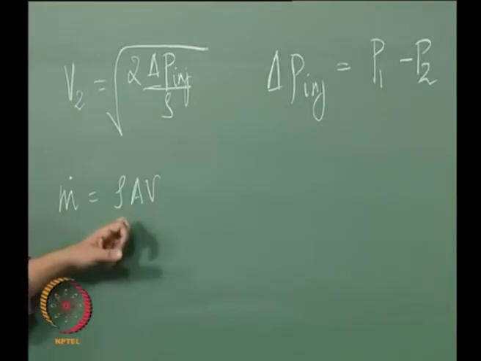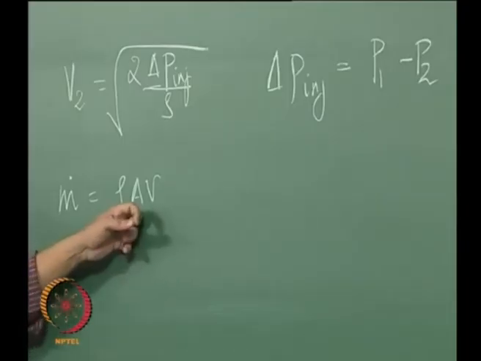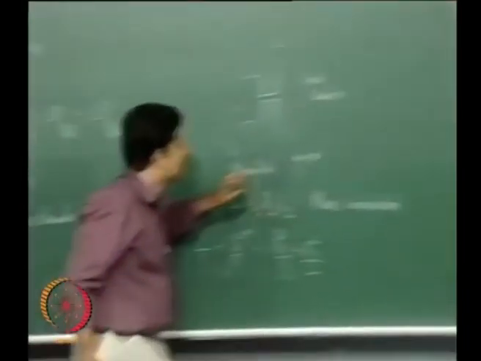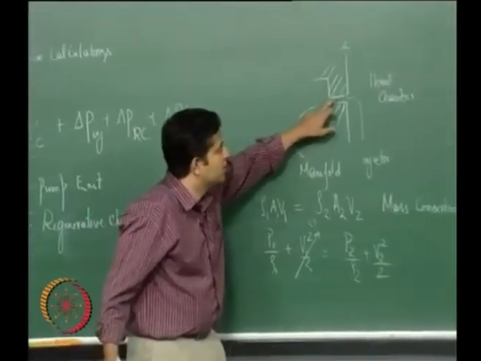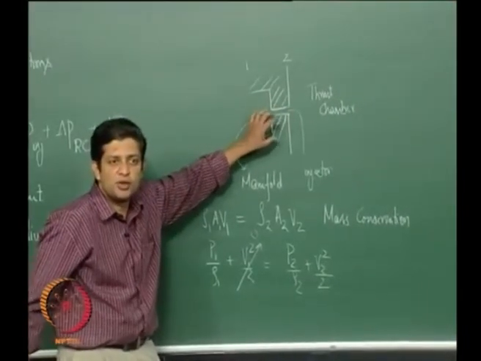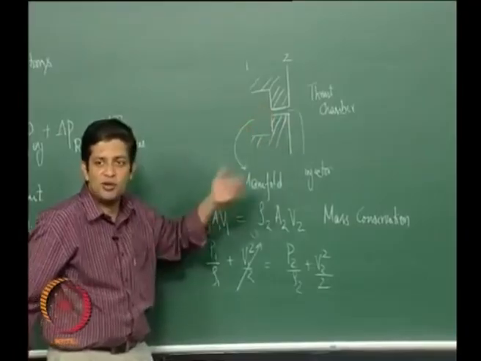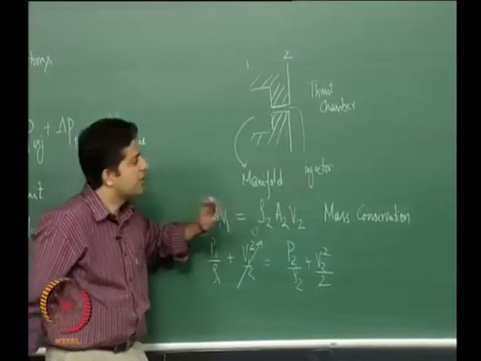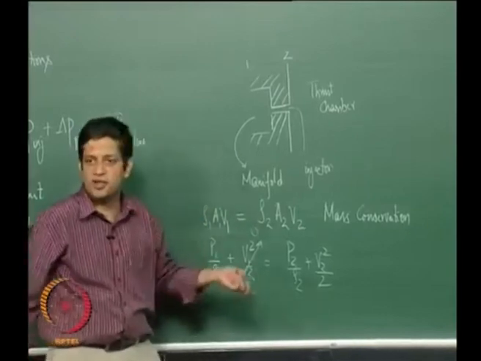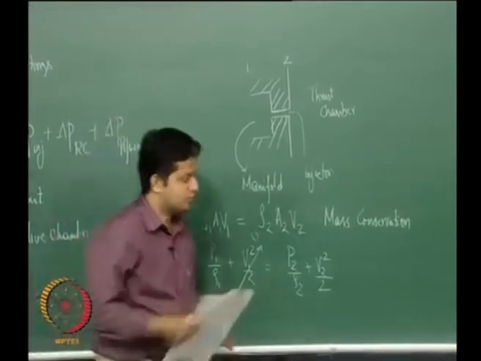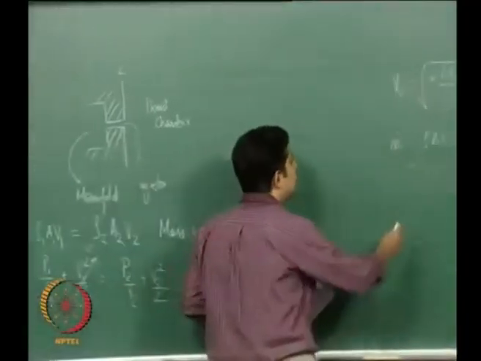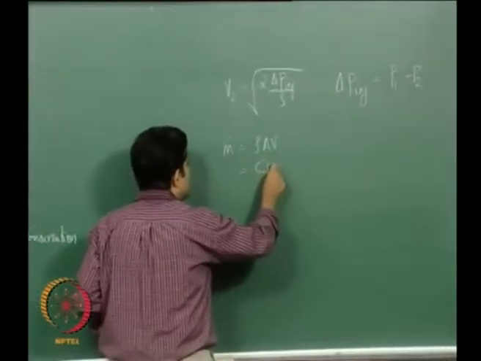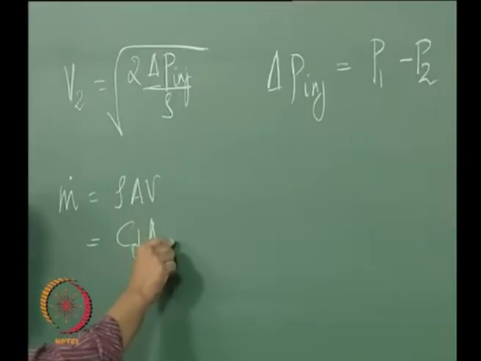This is if the actual area is this one only, but because there is a very narrow constriction through which you are forcing the liquid to go through it, and because of boundary layer effects the actual area will be smaller than this. So, therefore, you need to consider a coefficient of discharge. So, you will have CD into A injector, okay.